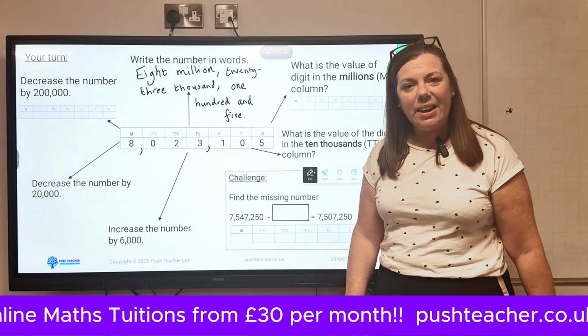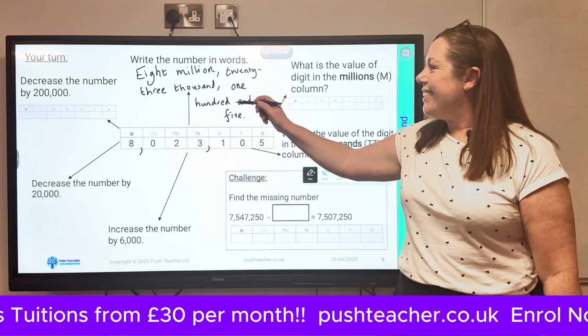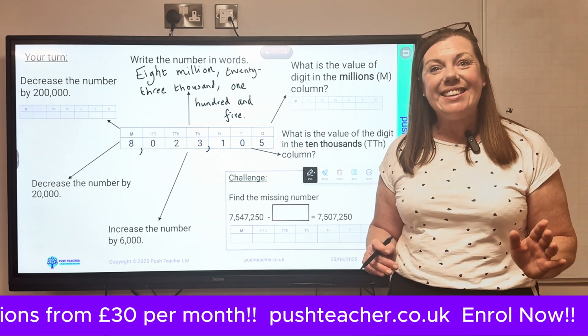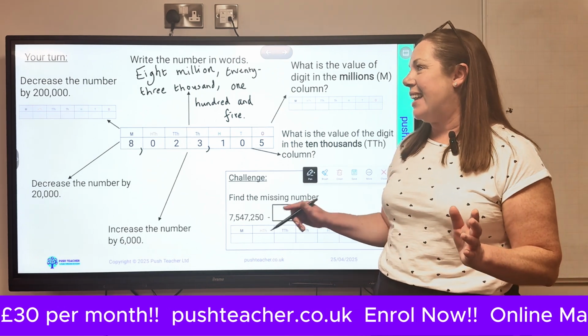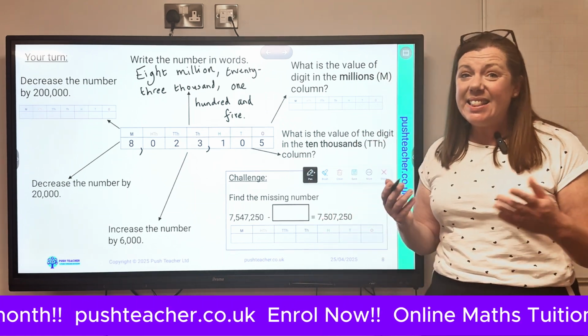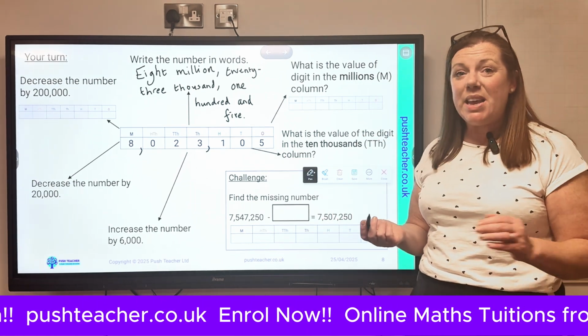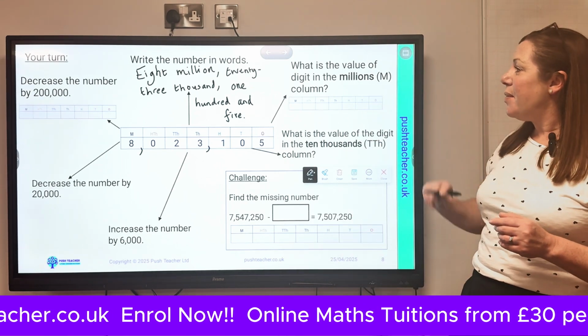Does yours look like mine? I bet your handwriting's neater, but did you manage to do it without sneaking any digits in there? That's the really important thing, because one single digit, let's just say I write the number 8 instead of the word 8, that would mean I get it wrong. So it is really important that I write my words. Let's have a look at the next one.